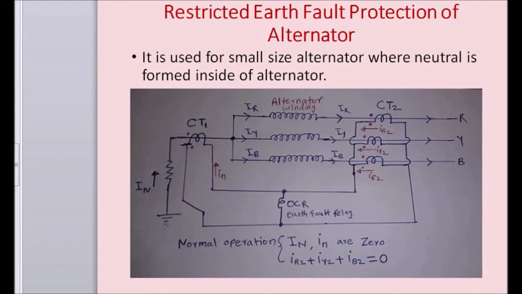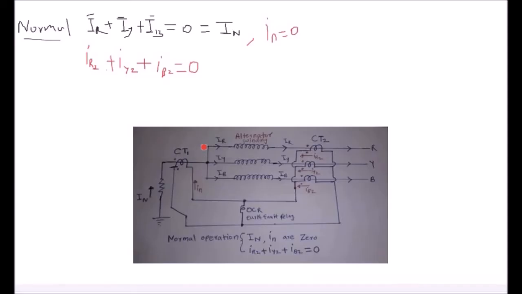Under the normal condition of the alternator, the phasor sum of IR, IY and IB is always equal to 0. Therefore, the neutral current flowing in the CT1 is 0. IN is also equal to 0, and hence in the secondary of this CT1, small IN current is also 0.